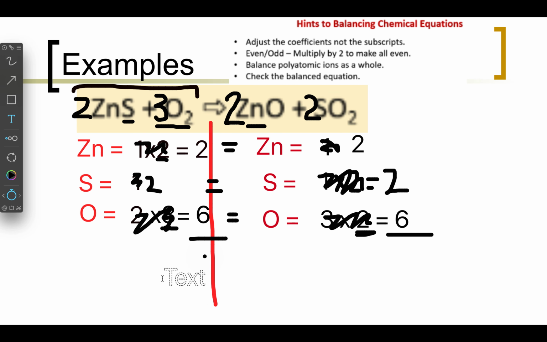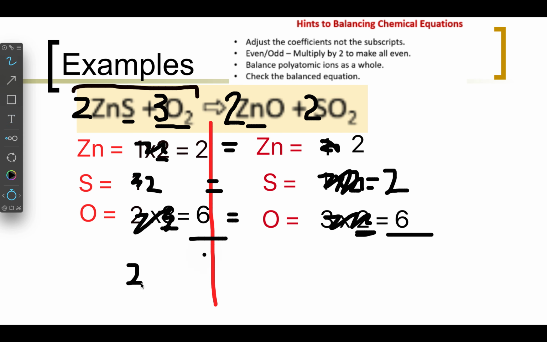I will type it out for us. We have 2 ZnS plus 3 O2. Ugh, I'm gonna have to write it out. Hold on. It won't let me do subscripts on here.